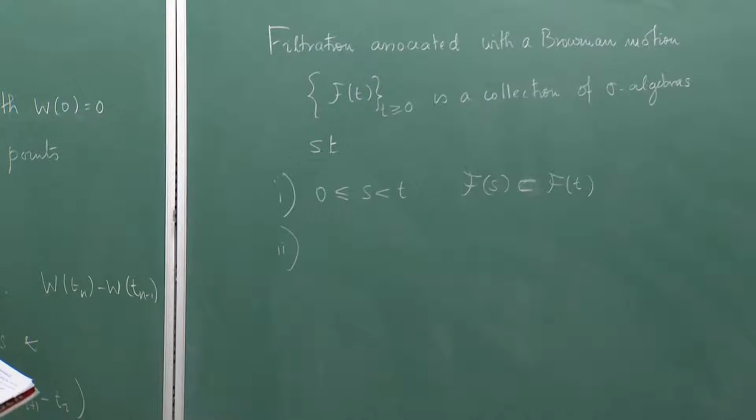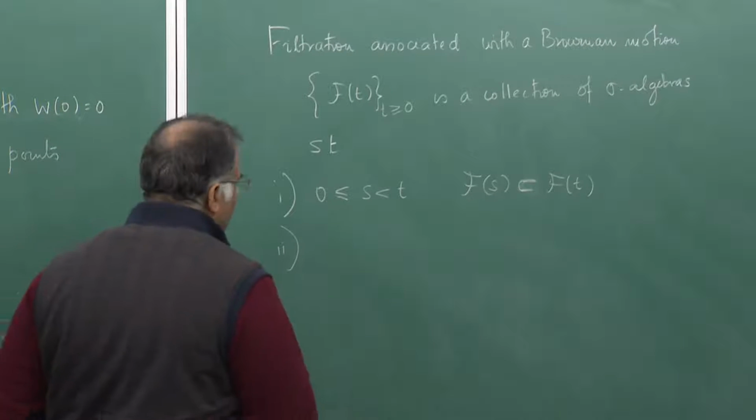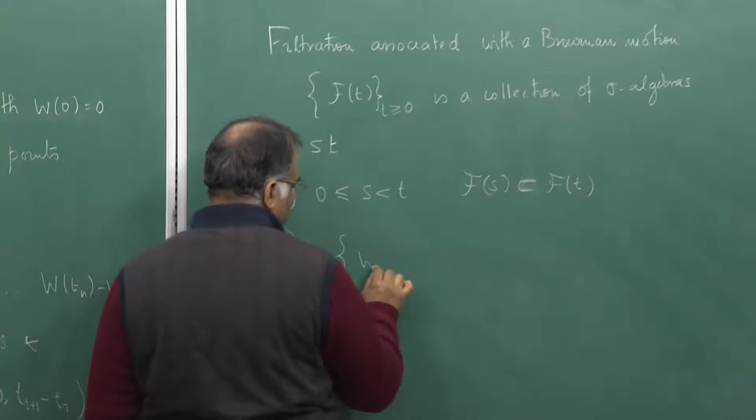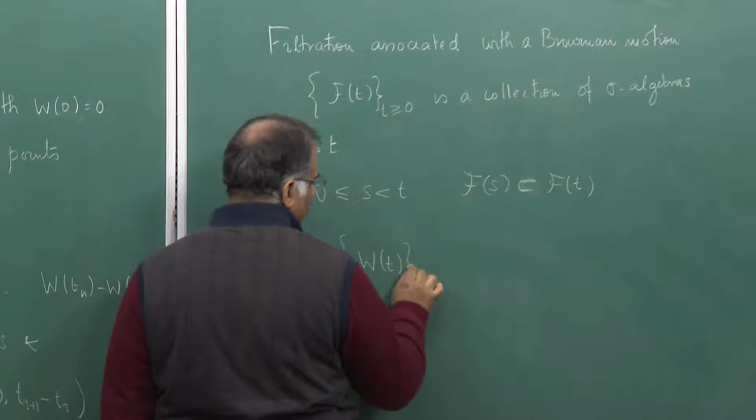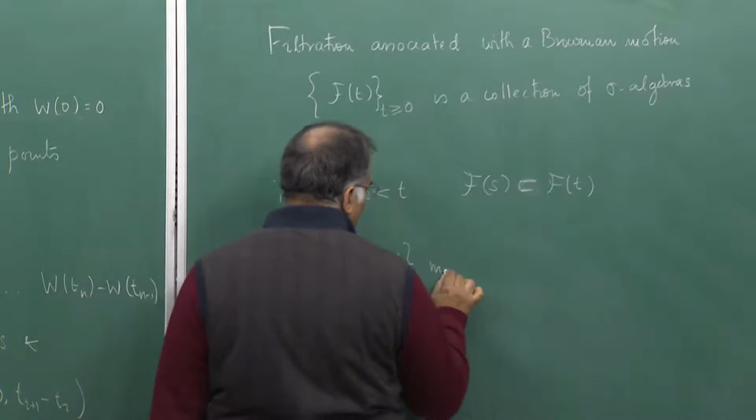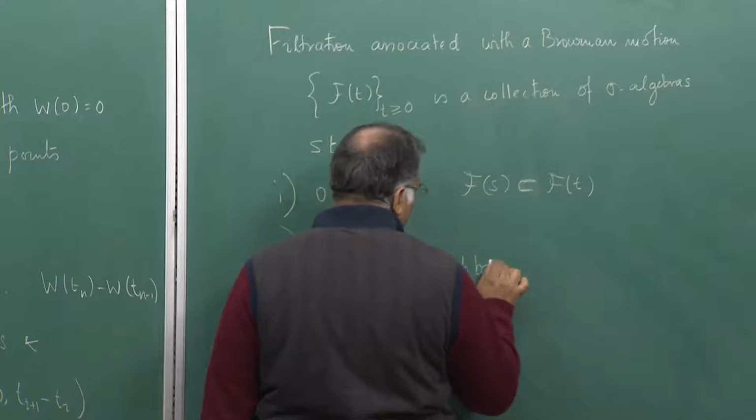Okay. Now, number 2 is that Wt must be adapted to the filtration. The Brownian motion must be adapted to the filtration.